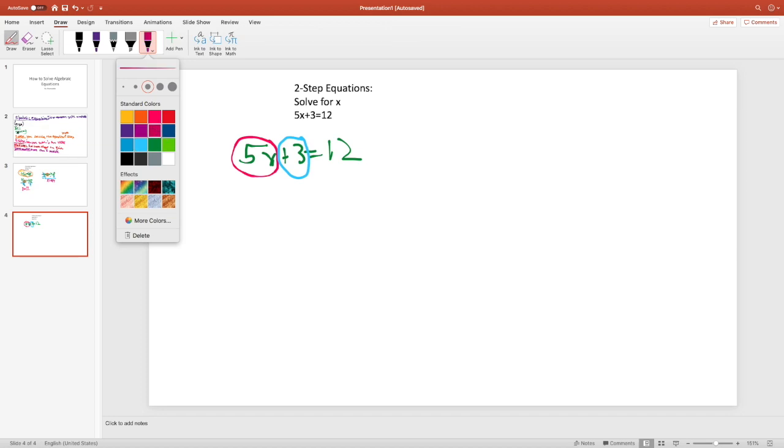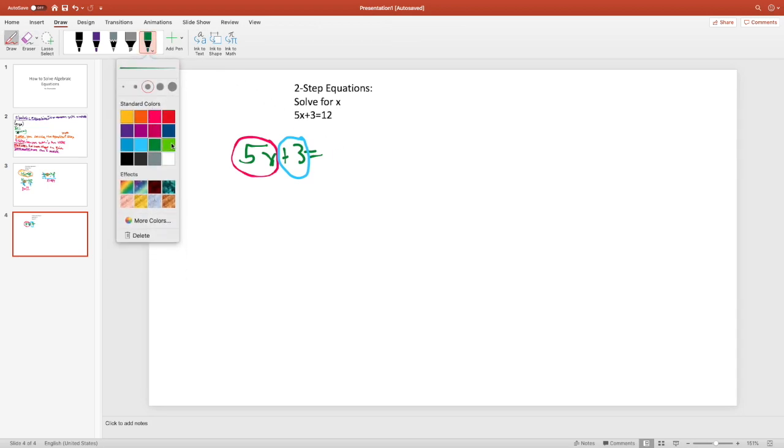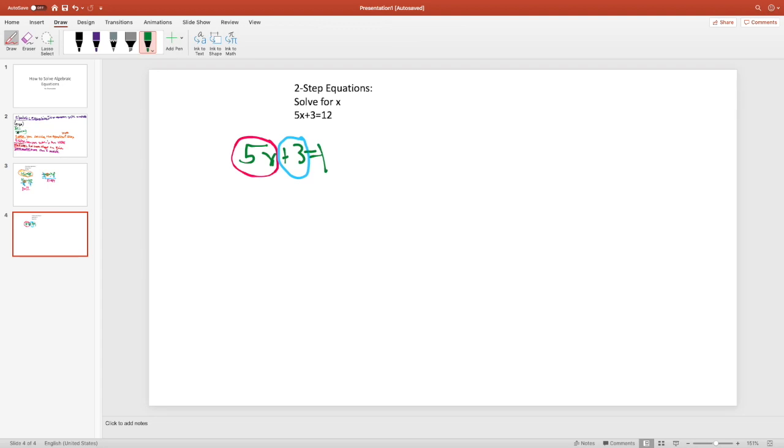We have to look at the constant because we want to take away the constant before we do anything. So I messed up here. Let's change this equation. Don't mind me, I'm changing it to 18.